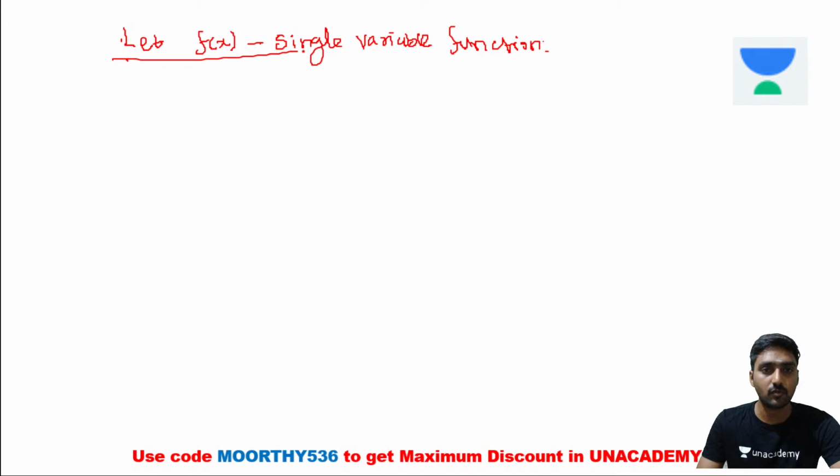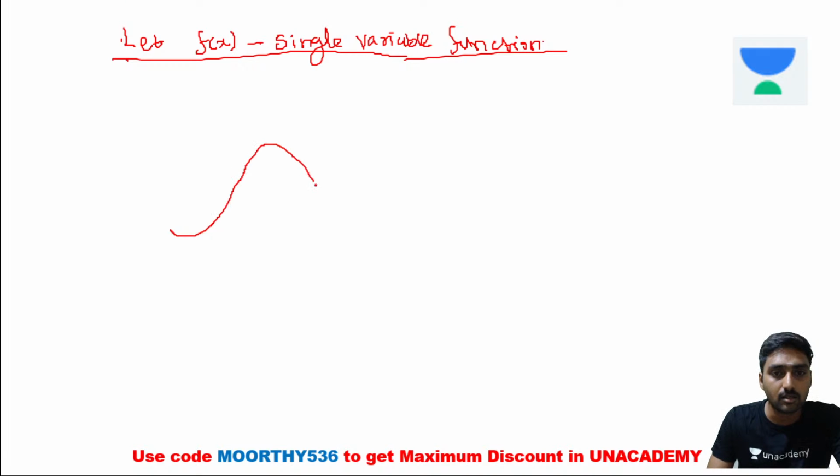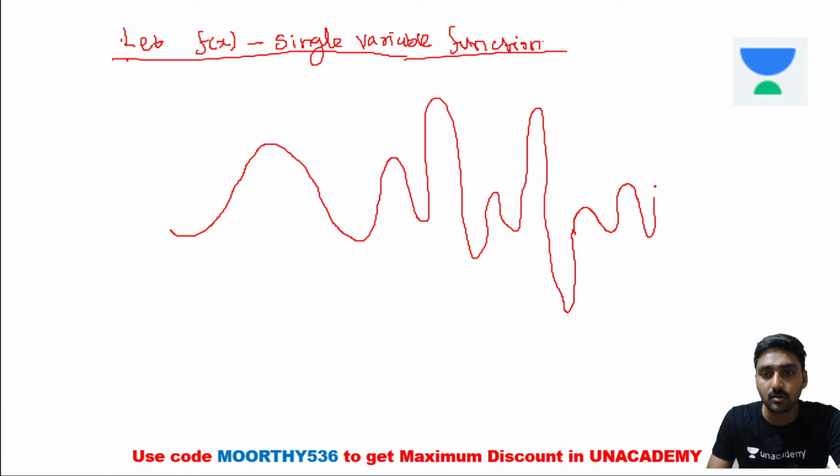First, I am going to clarify what maxima is and what minima is. Now we are going to draw a graph with respect to some point. Look at this image.